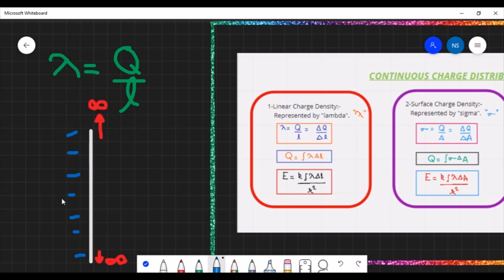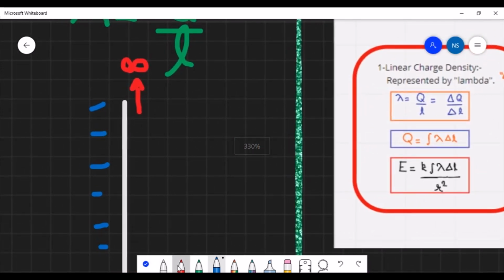Let's say there are minus charges distributed. Now if we want to find the linear charge density, we won't know what it is, because it is very long. It will be hard for us to count the number of charges, and the length of this wire is infinitely long. So what we can do is take a small part from this.